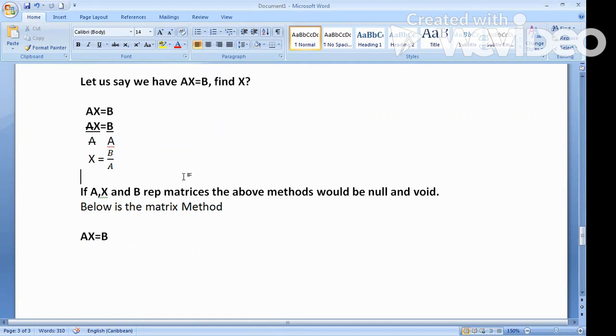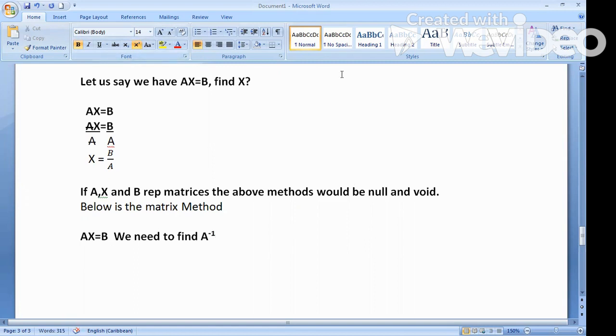So basically, we're going to use a matrix method. The first thing that we need to find is A inverse. That's number one.